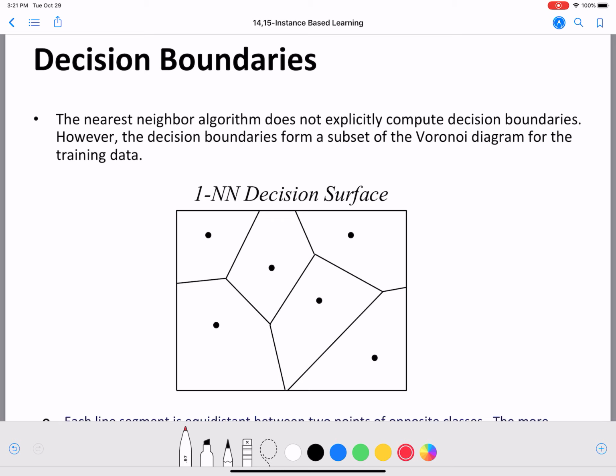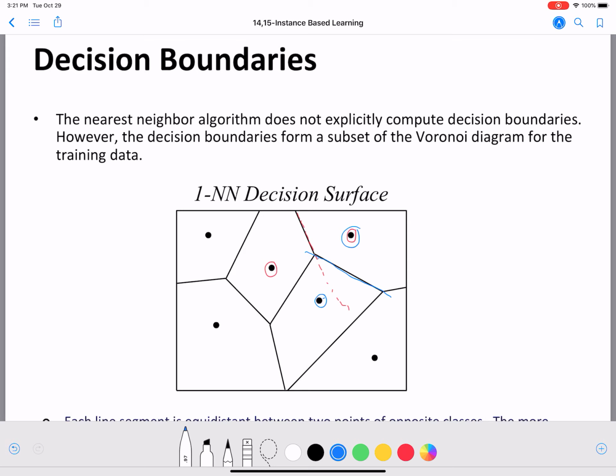So if you consider, let's say, these 2 points, the decision boundary is simply a line that's equidistant from both these points. And that is this line. Right? And similarly, you can construct a line for these 2 points. And that would be this line.